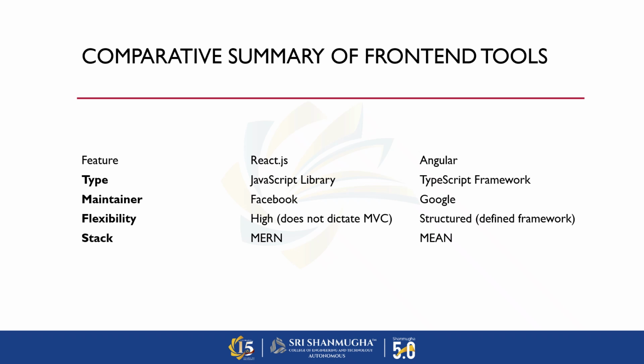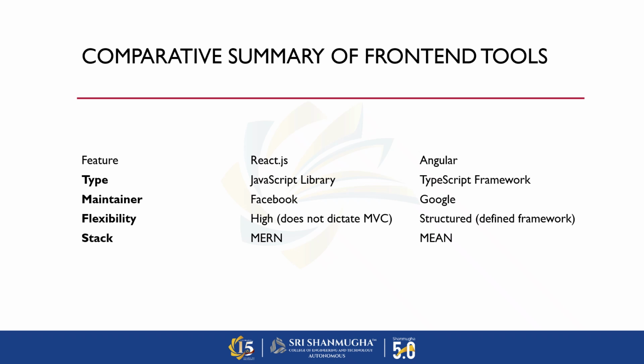So the basic difference between a MERN and MEAN stack is React.js and AngularJS. The framework that you use for the front end in MERN stack is React.js, and in MEAN stack we have AngularJS. That's the only framework that changes between the MERN and MEAN stack.